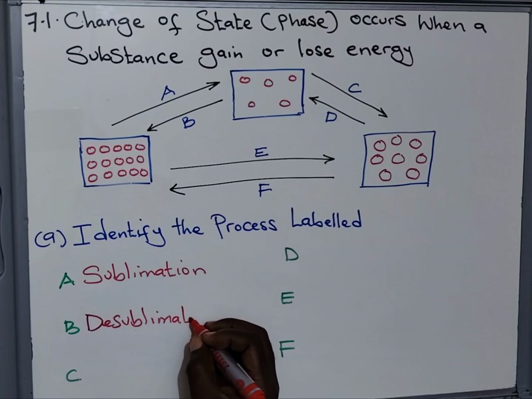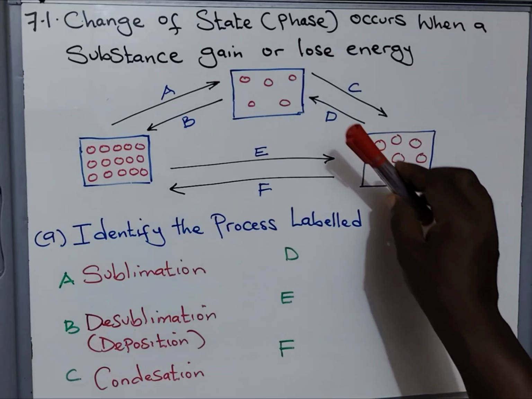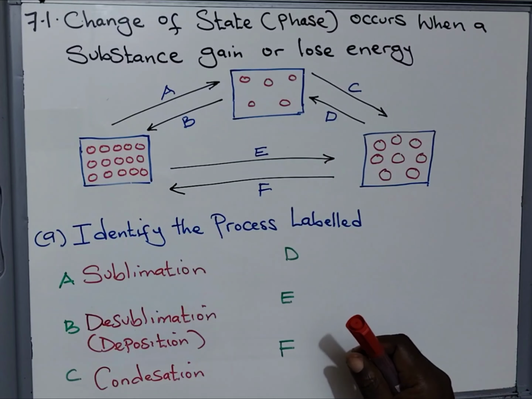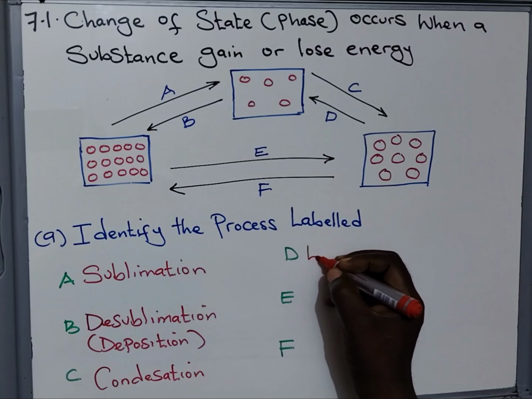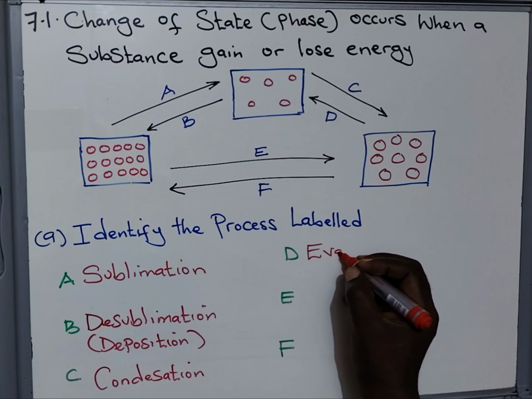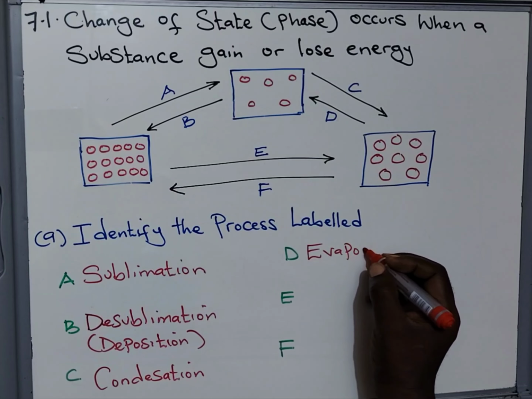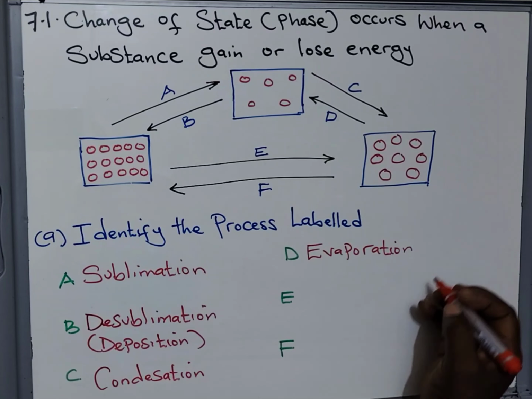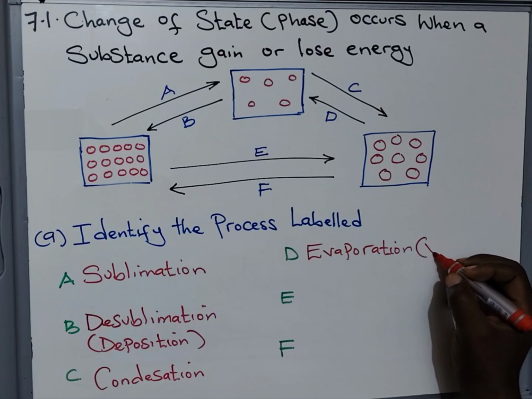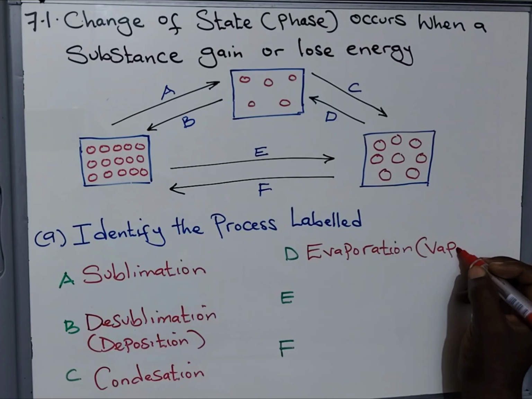D is the change from liquid to a gas. What do you call that change from a liquid to a gas? We call it vaporization or evaporation. Or some people call it vaporization.